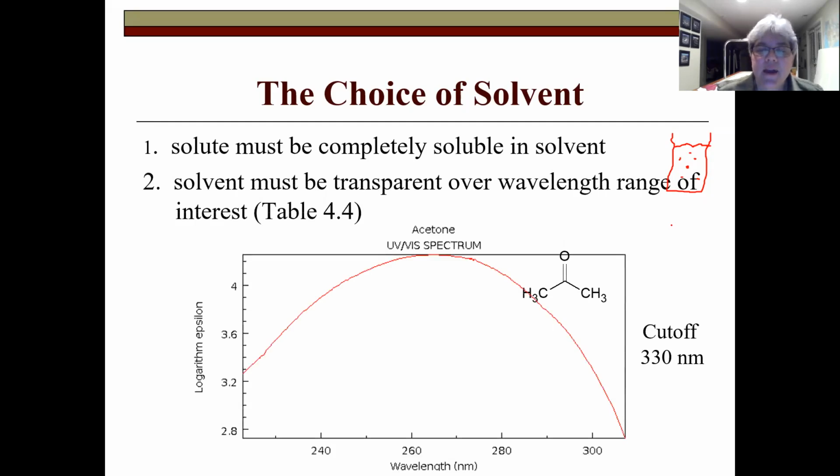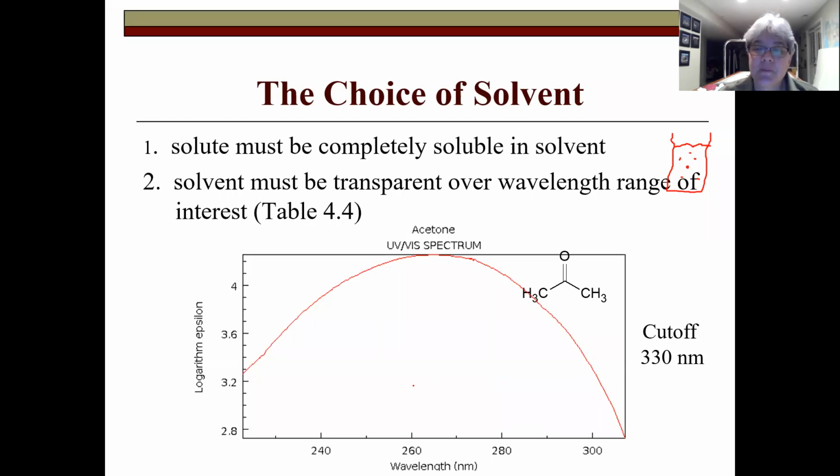The second thing you have to consider is that most solvents are organic compounds, and so they absorb light. For example, acetone, which has this structure, is a common solvent, and this is the absorption spectrum of acetone.